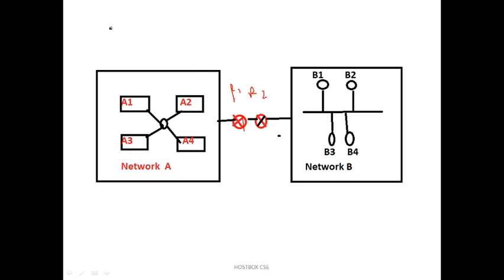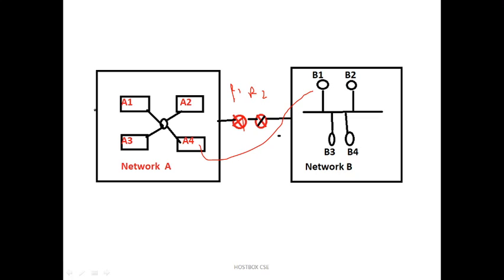Now communication happens between the two networks. Let's assume that computer A4 wants to send information to B1. If A4 wants to send the message to B1, it needs the help of router R1 and then router R2, and from there it goes to B1.